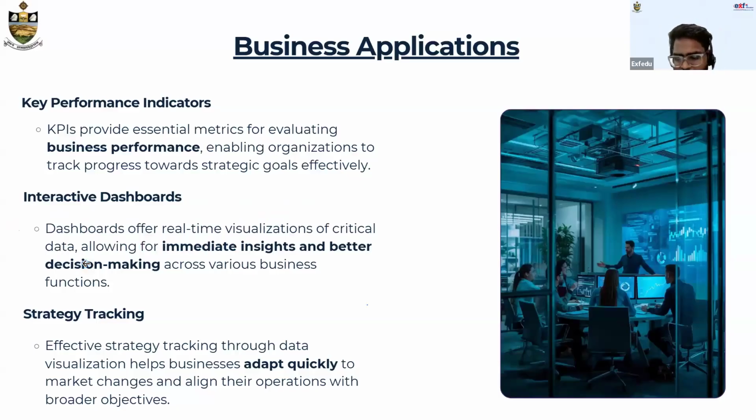Then strategy tracking: whatever the company or organization is, they need to adapt to market scenarios. As we have more and more AI integrations and developments right now, we need to adapt to the existing things in order to make this visualization help.